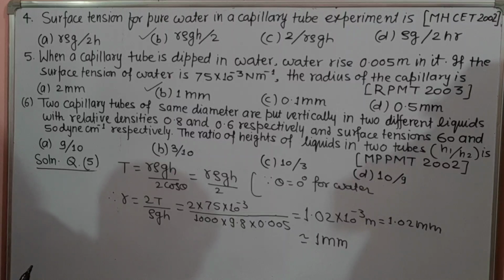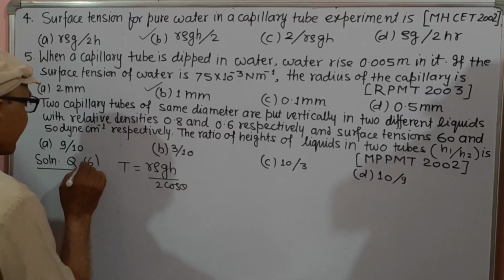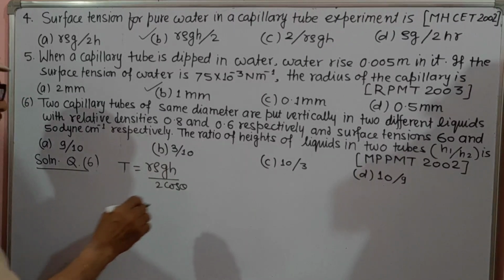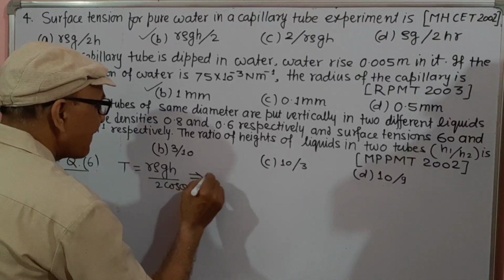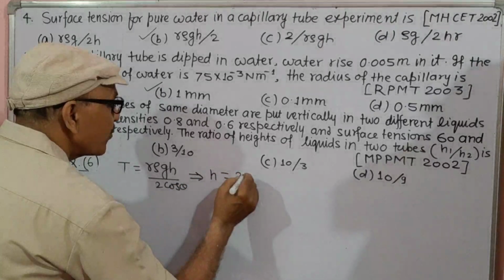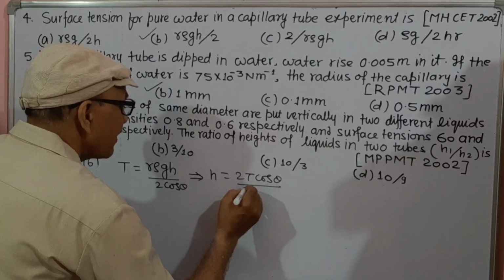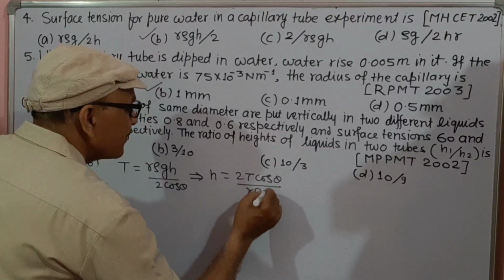The ratio of heights of liquids in the two tubes, that is h1 upon h2, is. Solution to question 6. We know surface tension T is equal to r rho g h upon 2 cos theta, which gives h as 2T cos theta upon r rho g.